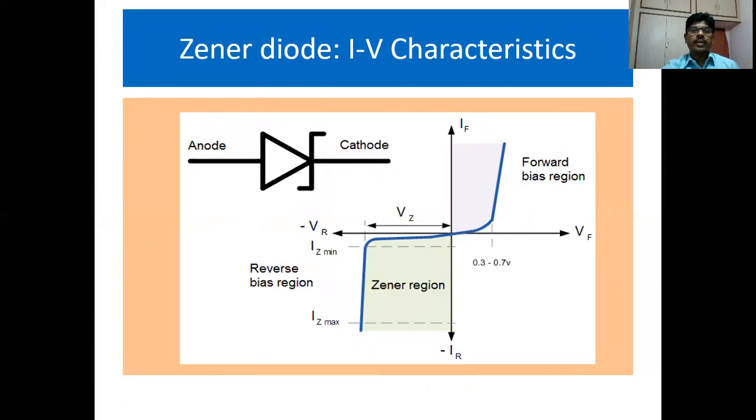That is why it does not cause any permanent damage to the diode. You would see as the voltage increases, the increase in current is less. But after the breakdown occurs, the change in voltage is very less, but a large current will flow. A Zener diode operates in this particular region that is known as the Zener region.